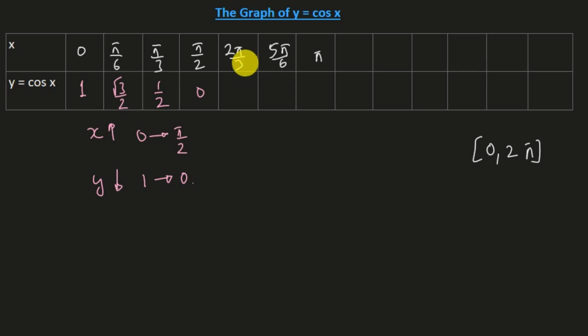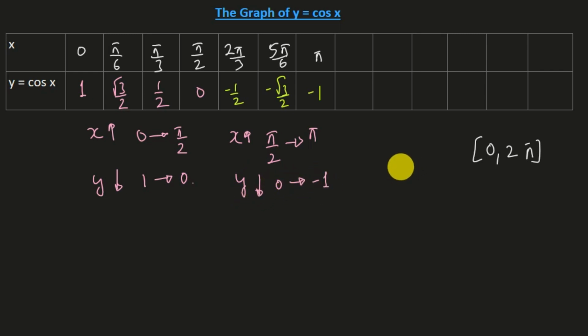Now cosine 2 pi by 3 is what? Minus 1 over 2. This is minus square root 3 over 2, and this is minus 1. Now here we see that as x increases from pi by 2 to pi, the value of y decreases from 0 to minus 1, right?